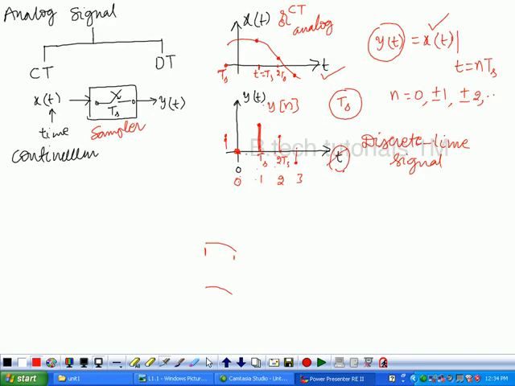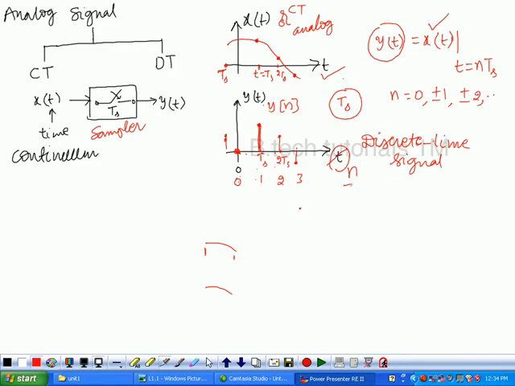So we are replacing this t with n, because in the case of analog signal or continuous time signal, t is taking all possible values. But here the independent variable time is taking a discrete set of values. Both are times. This t is time, n is also time.